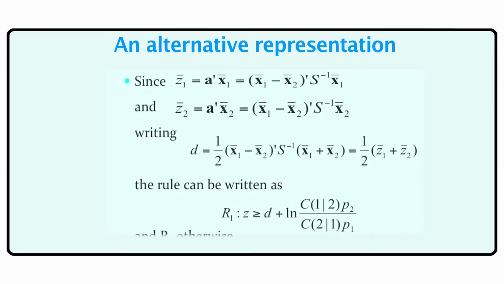Or if you take D to the right hand side, the discriminant function Z on the left hand side is greater than or equal to D plus the log of the ratio of the costs and the ratio of the prior probabilities. So we get R2 otherwise. So you now can formulate the whole thing in terms of the linear discriminant function Z.